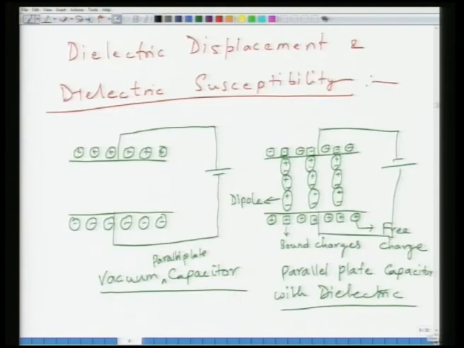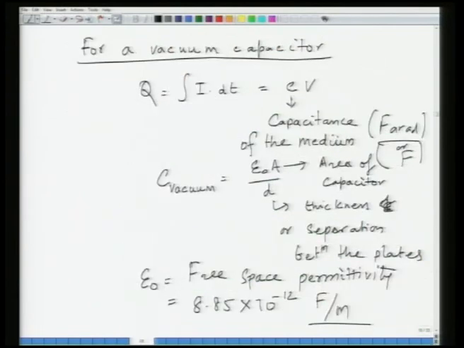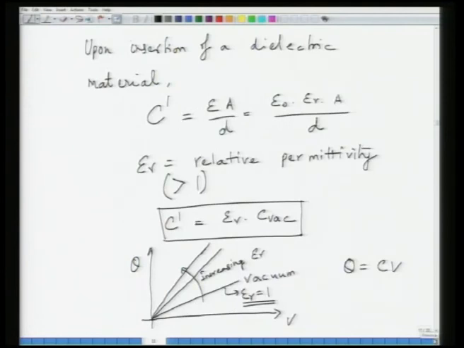And then we looked at two configurations. One is the parallel plate capacitor without the presence of any medium, that is in vacuum, and then what happens when you insert a dielectric. If you compare these two scenarios, what you come up with is a fundamental quantity for a material called relative permittivity, or some books also write it as K, which is your dielectric constant, or sometimes they write it as kappa.